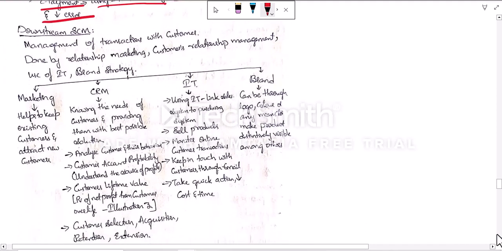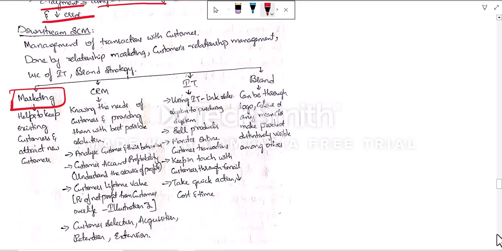And the downstream, this is the relation between the customer and the organization. So we need to manage that. How can we manage that? With marketing. Through marketing you can maintain a relationship with the customer, and you can also reach new customers.